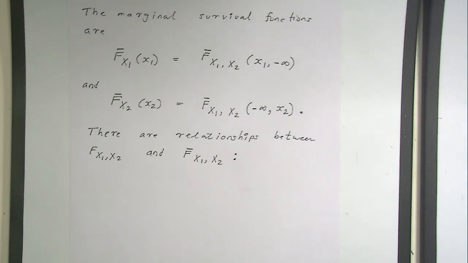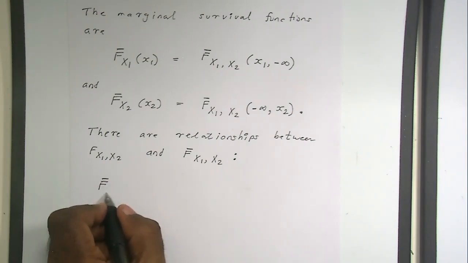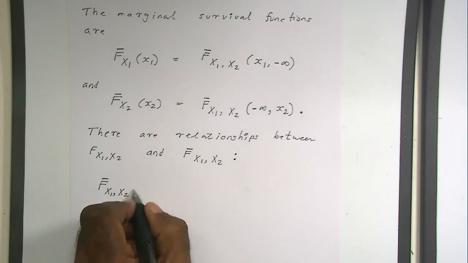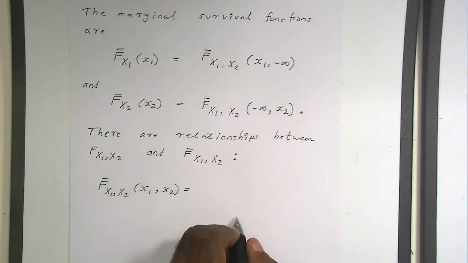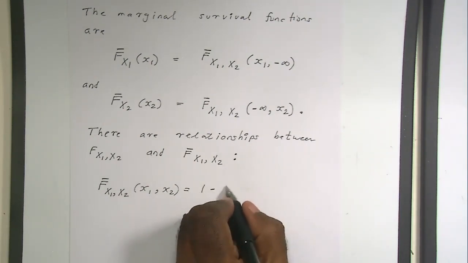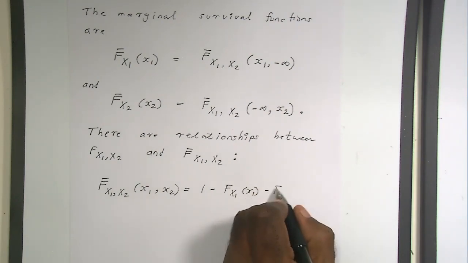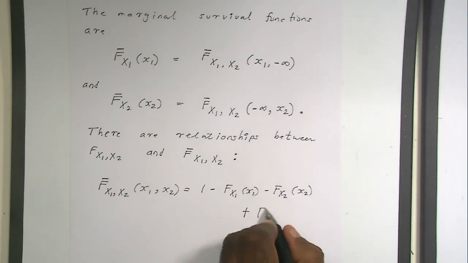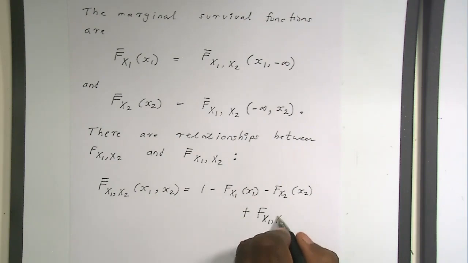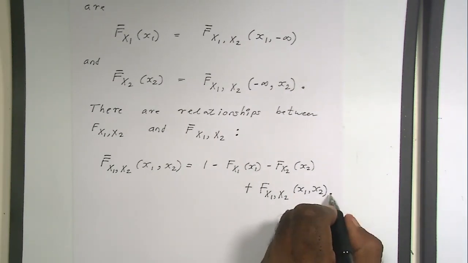So, for example, F bar is equal to 1 minus, and this is one relationship.